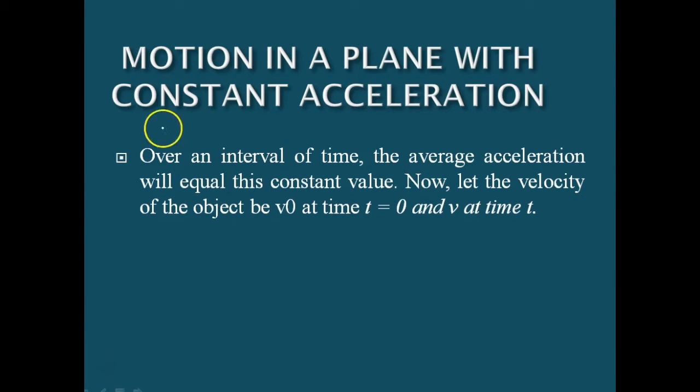Now let us study motion in a plane with constant acceleration. Suppose an object is moving in the xy plane and its acceleration a is constant. Over an interval of time, the average acceleration will equal this constant value. Now, let the velocity of the object be v0 at the time t = 0 and v at the time t.